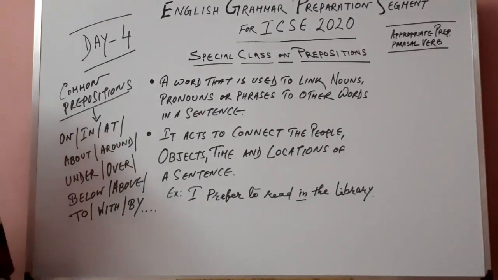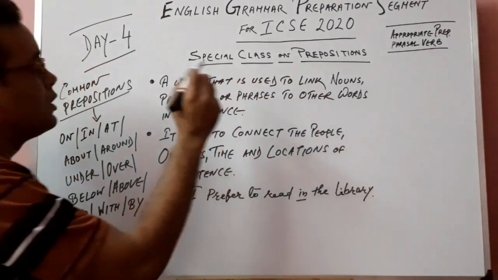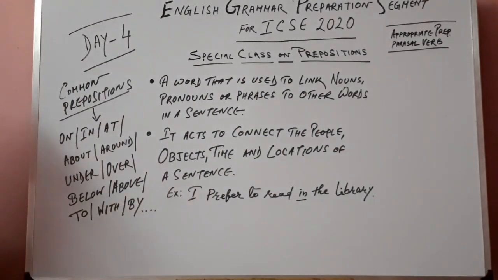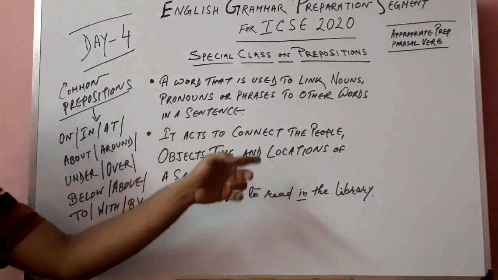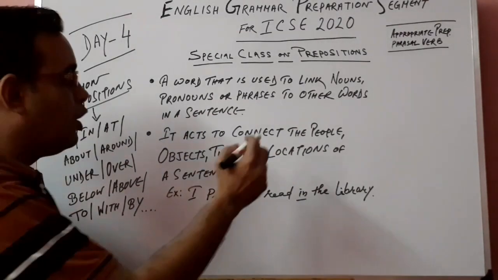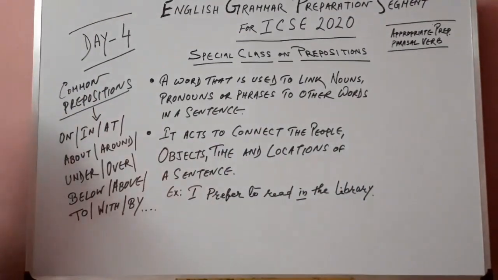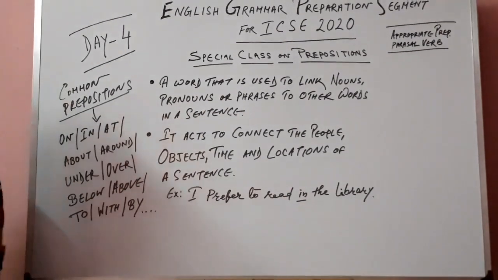A preposition is actually a word that is used to link nouns, pronouns or phrases to the other words in a sentence. It acts to connect the people, objects, time and locations of a sentence. So usually this is all about prepositions.